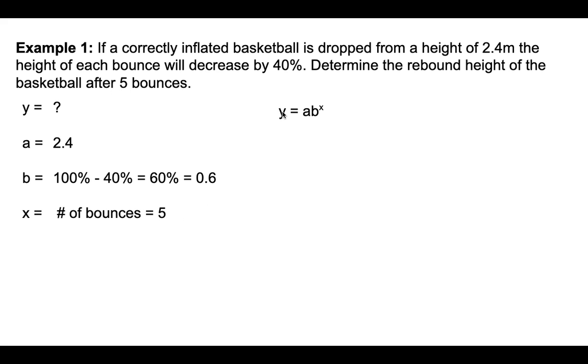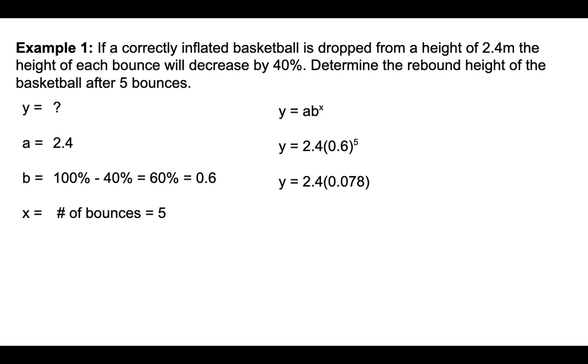So we don't have y, but we do have the other values. So we are going to plug those values into our equation. So a is 2.4, b is 0.6, and x is 5. So again, do that 0.6 to the exponent 5 first.